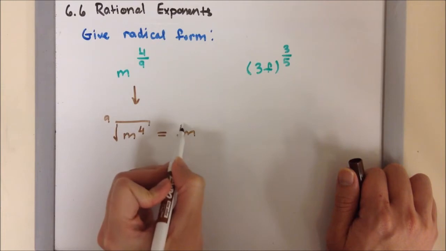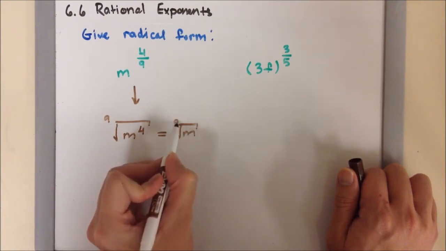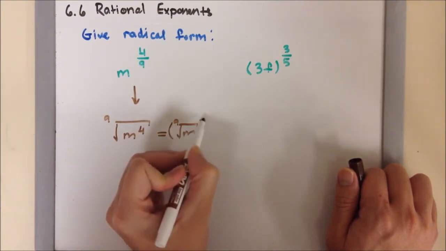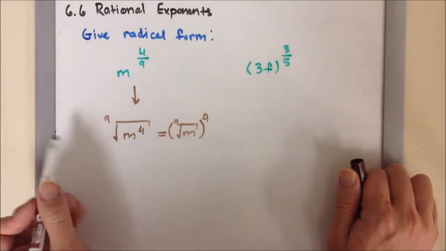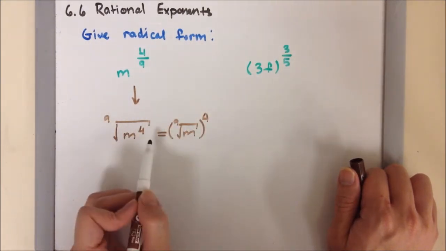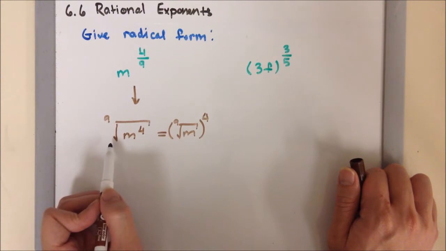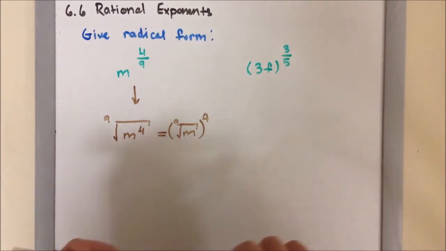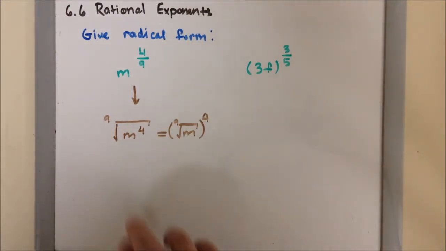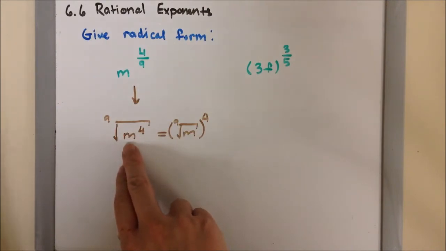Now, earlier, I gave you a different form, which you can rewrite as the 9th root of m, powered by 4. Either way, these two forms are acceptable. So you can give me the form on the left or the form on the right. It doesn't matter to me, but usually we would give it in this format most of the time.